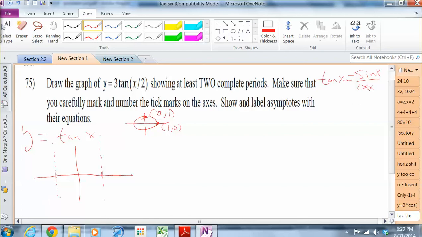So that's why our graph is going to look kind of like this. At 0 radians, we have 0. And also at pi over 4, so again, our asymptotes at pi over 2, negative pi over 2. At pi over 4, we're going to get 1.